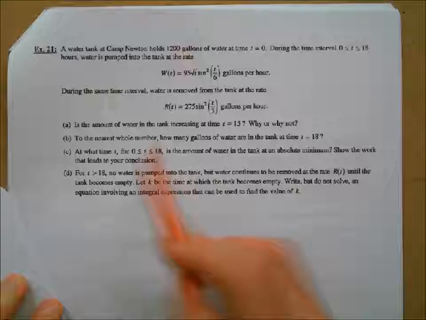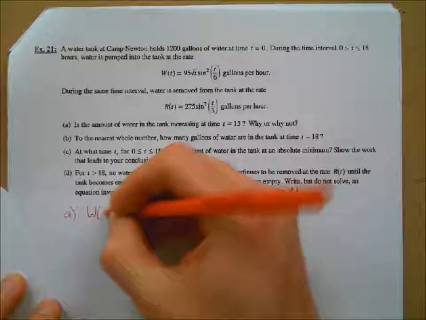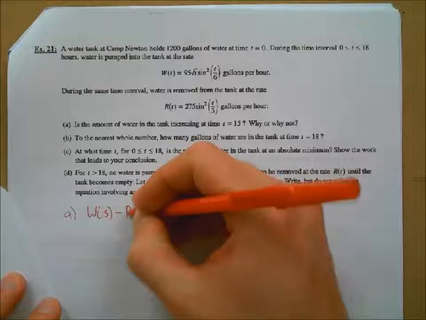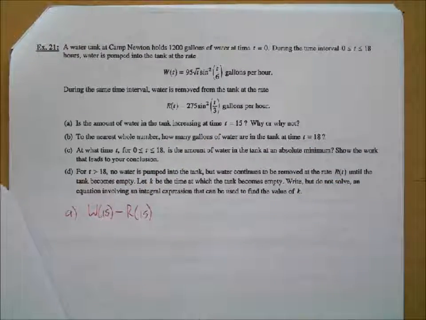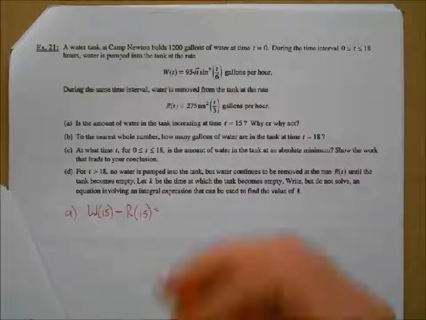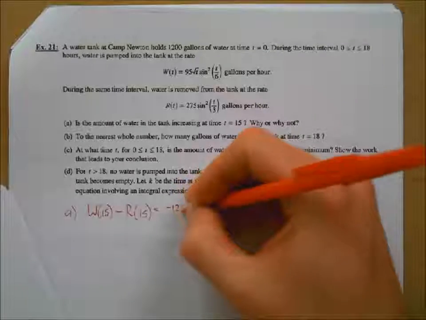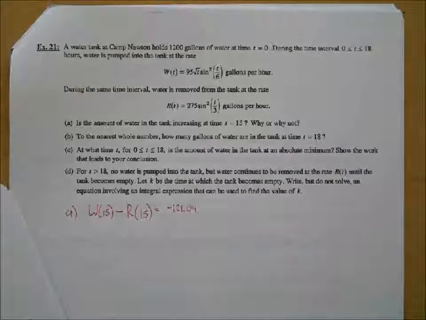So for letter A, that's the amount of water going in at time 15 minus the amount of water going out at time 15. When we do that, we get approximately negative 121.09.